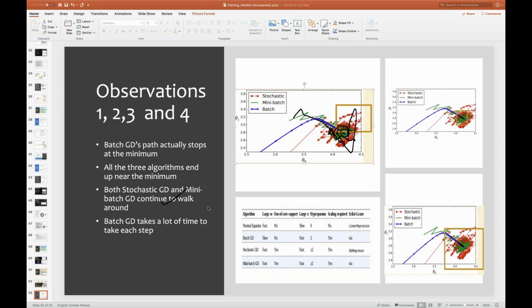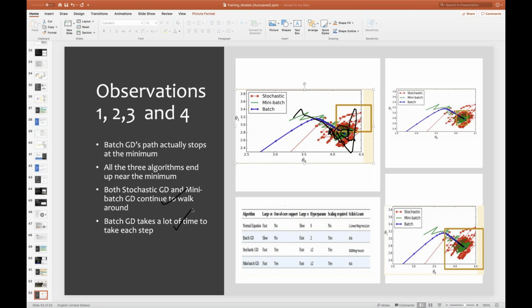Okay, now batch GD takes a lot of time to take each step. That's what we discussed from the starting of it. The batch gradient descent takes a lot of time. When someone talks to you about stochastic gradient descent, mini batch gradient descent, your mind should have this diagram registered. Tell them, boss, batch gradient descent will stop at one point on the minimum.